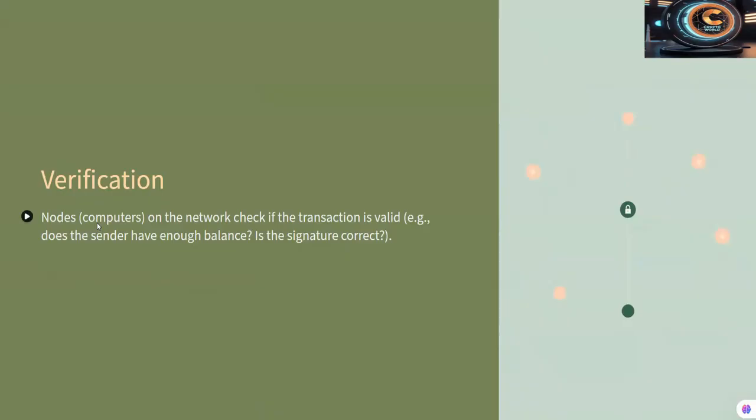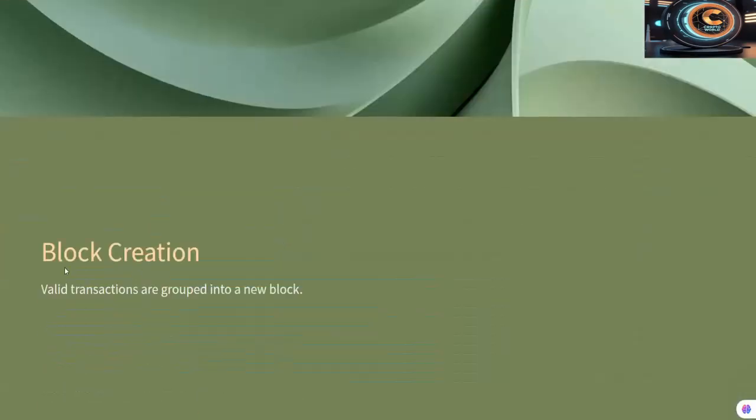All the things are checked or verified by the nodes of worldwide computers in the waiting area, whether the transaction is valid or invalid, and whether the sender has enough balance to transact. Signatures are also verified.